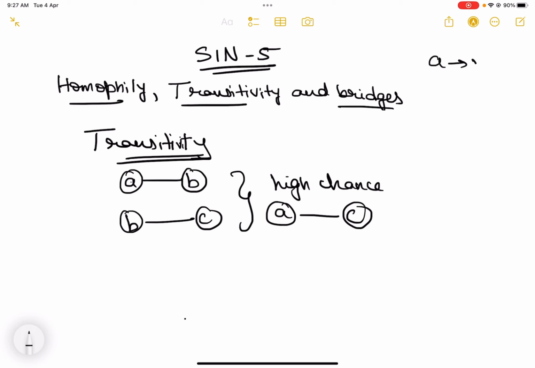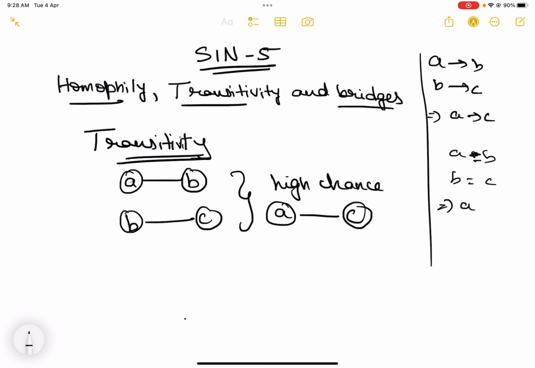If A is related to B, and B is related to C, that implies A is related to C. The simplest form would be if A equals B and B equals C, that implies A equals C, right?